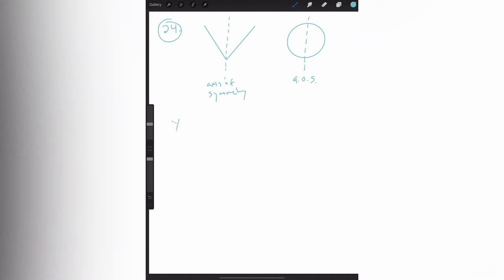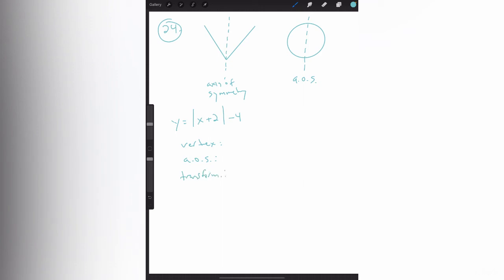Number 24 says y is equal to the absolute value of x plus 2 minus 4. So when I'm first looking at this, the things I need to identify: the vertex, the axis of symmetry, and my transformations.